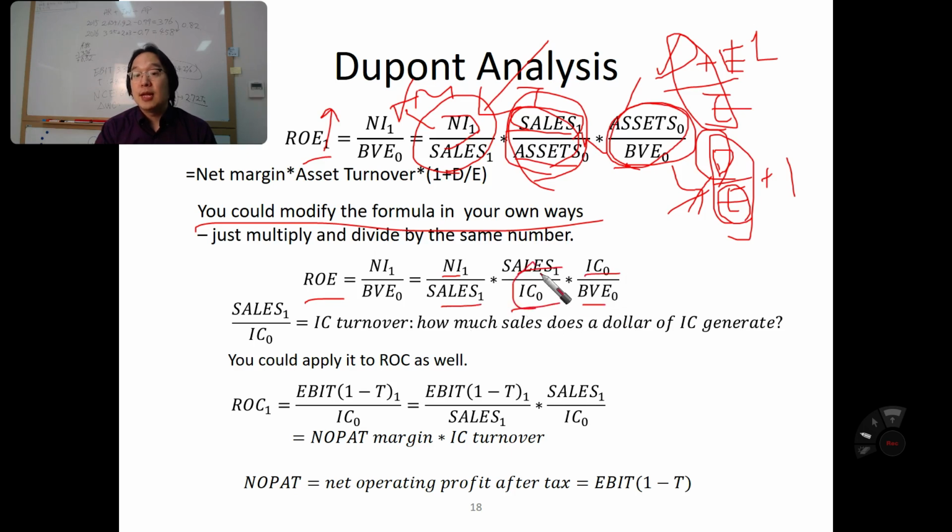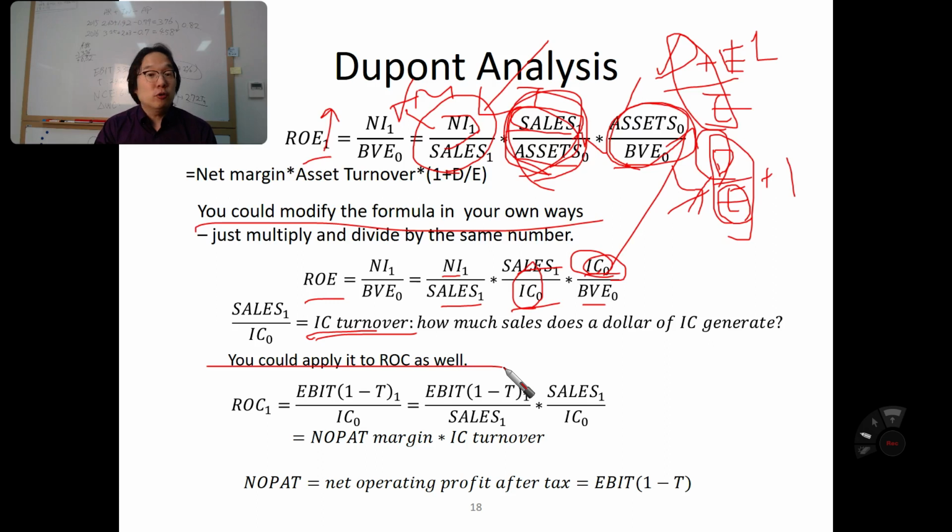This time, instead of assets, IC, invested capital, could be there, which is essentially the same as assets anyway, as I told you before, but this is a more explicit way of doing it. Instead of asset turnover, I would just label it as IC turnover, invested capital turnover. For a single dollar of invested capital, how much sales did you generate? This will be it.